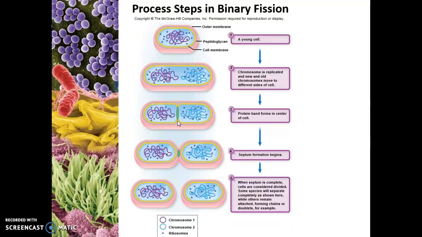And then a septum forms. And the septum is going to be basically separation of the cell wall. And then when the septum is complete, the cells are considered divided.